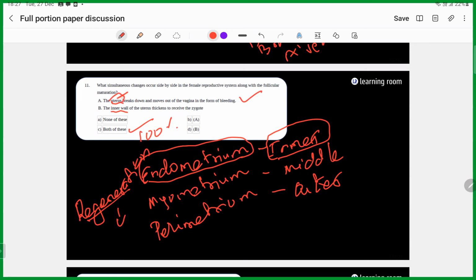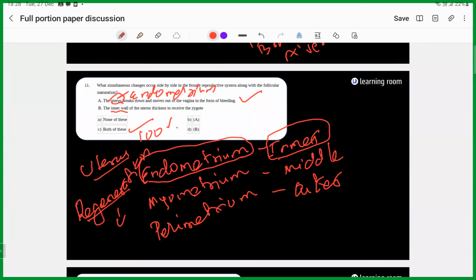The answer is hidden. Look into the second line, the inner wall, that is endometrium. If it were endometrium, without any confusion, you would have selected C, both of these. But just to confuse you, the common term uterus is given.